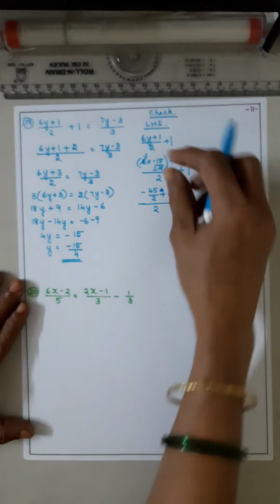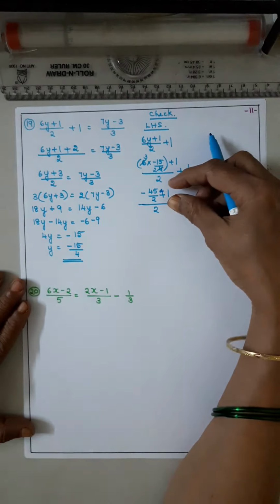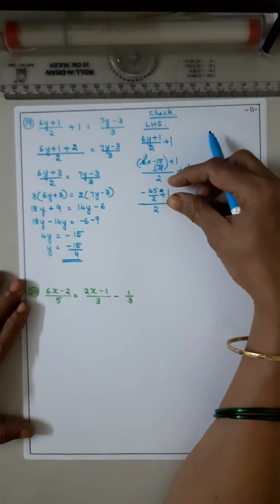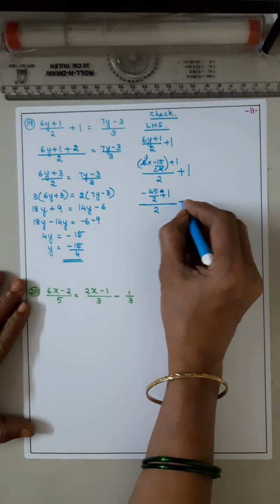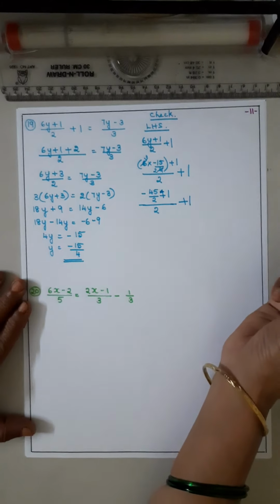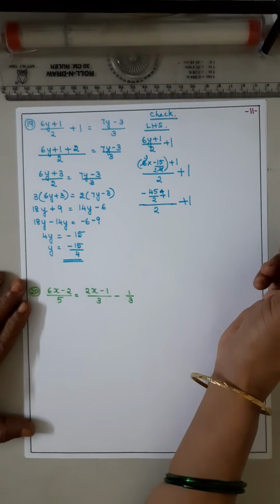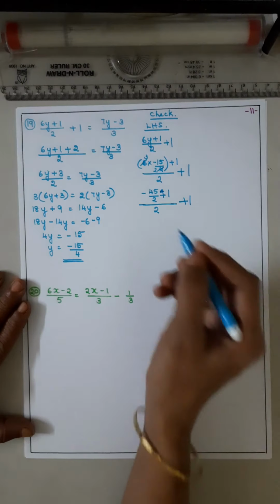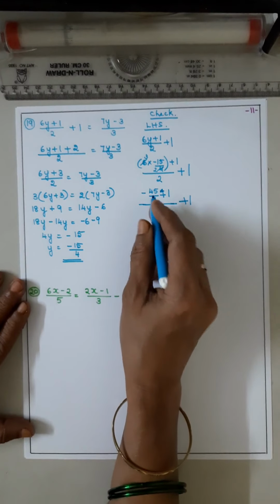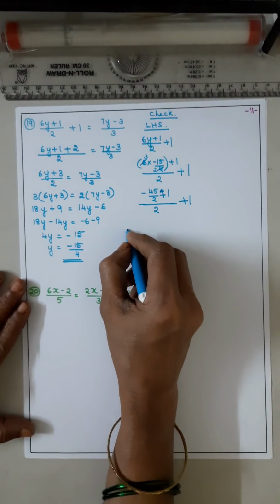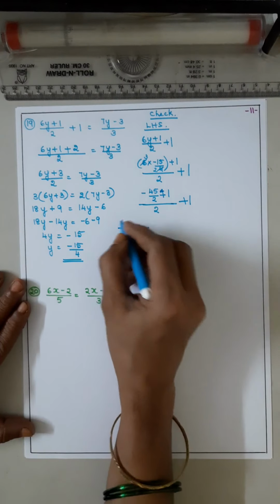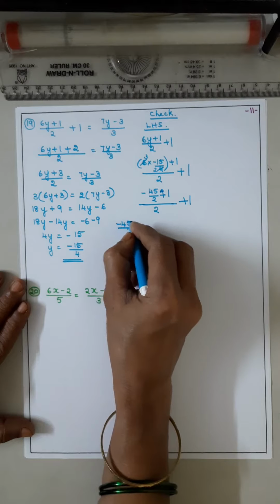Are you understanding? So, minus 45 by 2 plus 1, that is the numerator, and in the denominator there is 2, and this big one plus 1. Okay? Now, you have to write it. Take the LCM of the numerator. It is 2, minus 45 will be as it is.